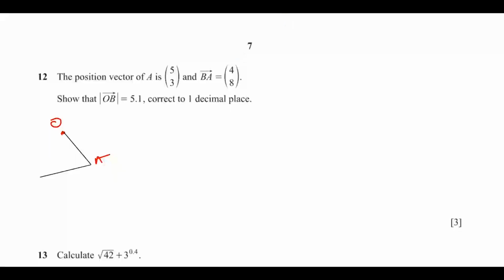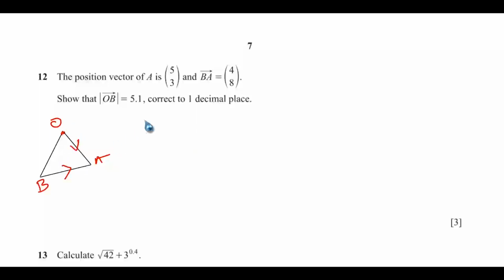We can close this one here. So this will be point O, this is point A, and this is point B. As you can see, BA is just moving to the right and going up. So it will be towards this direction. So OA is towards this direction.